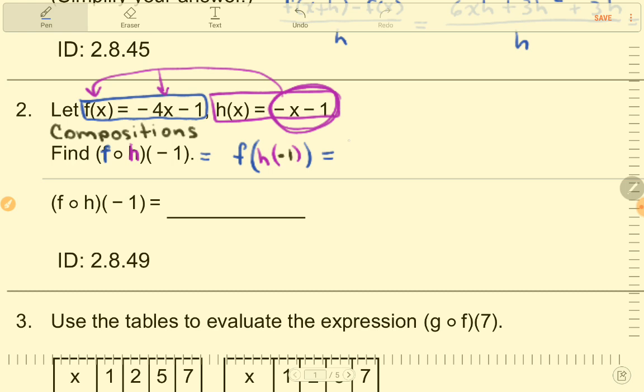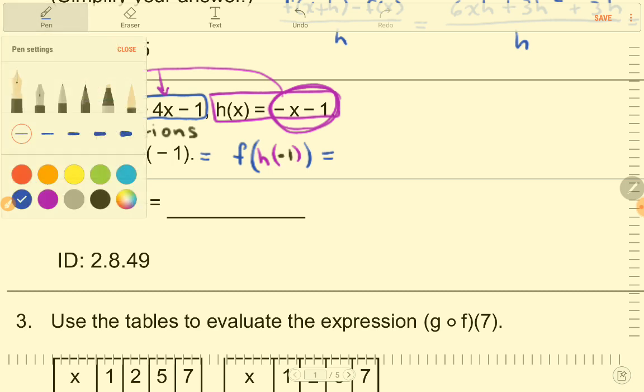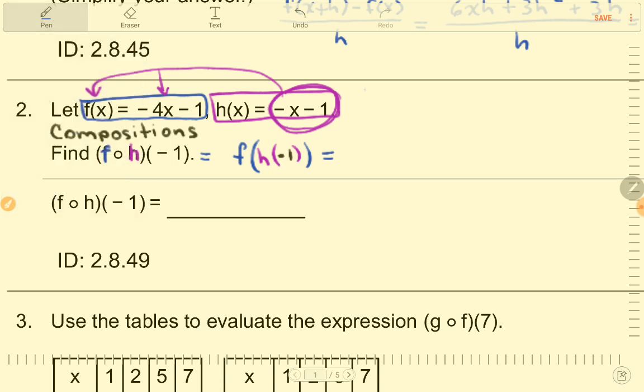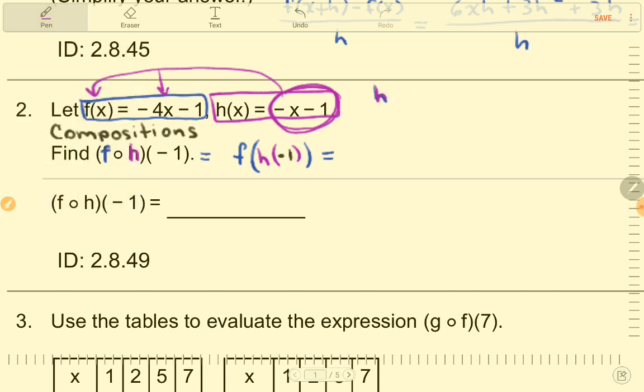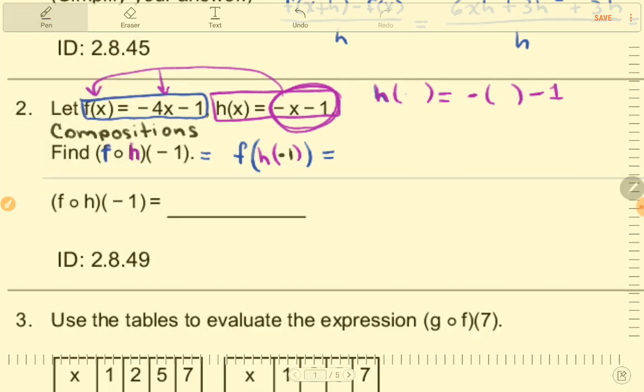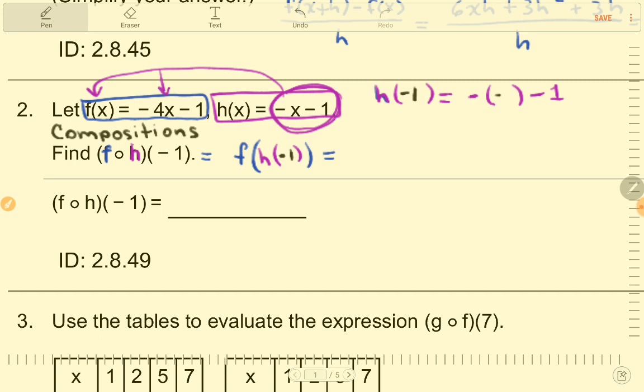Alright, so first I'll evaluate h of -1. And so I'm taking the original h function and leaving space for the x value, and instead of putting x, I'm going to put -1. The left-hand side of this equation is notation, and it represents y.